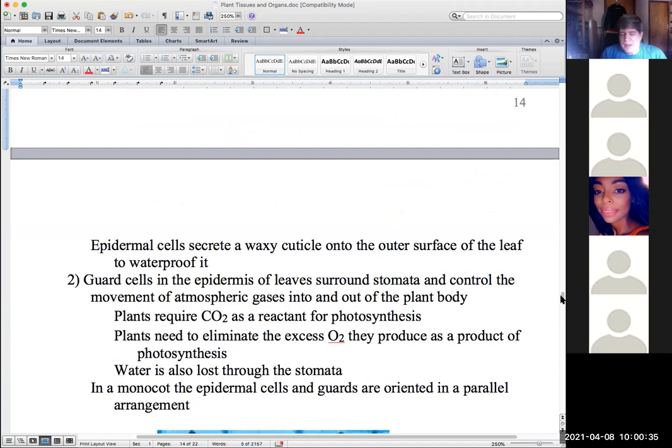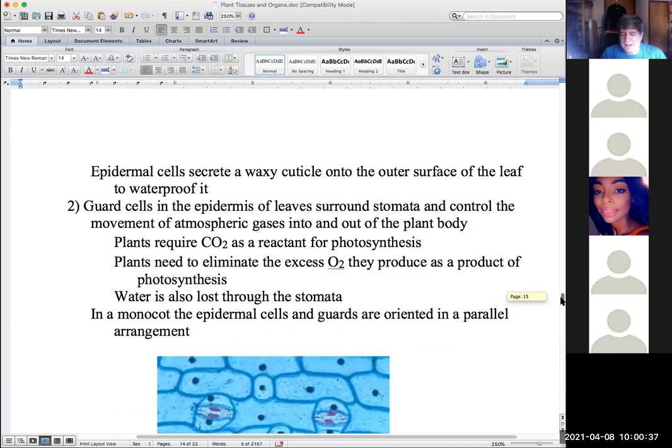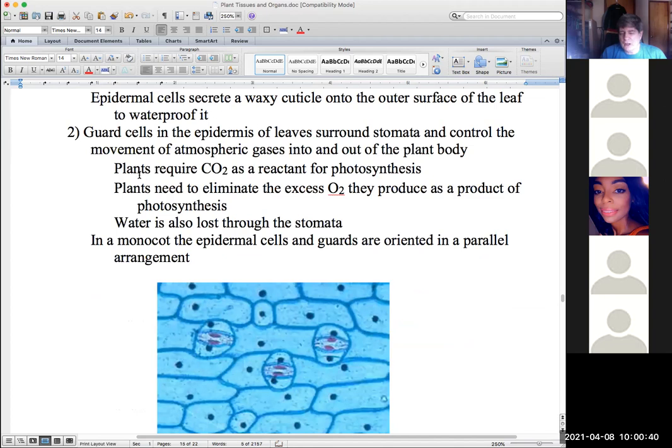The other cells that we have commonly in the epidermis are guard cells. And guard cells surround holes in the leaf. These holes are called stomata. And guard cells let air in and out of the leaf so that the leaf can get carbon dioxide for photosynthesis.